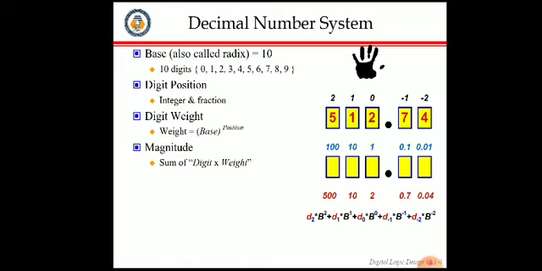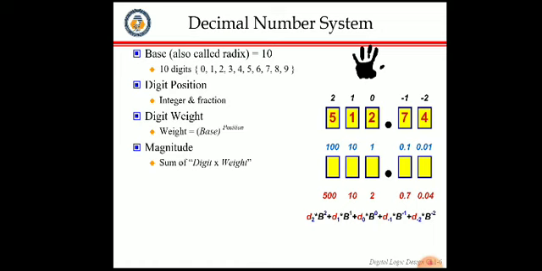So 10 into 1, so the value of the digit is 10. Now in the second position 5 is there, so its weight is 100. So 5 into 100, 500. That means according to its position and weight, it assumes its magnitude value.